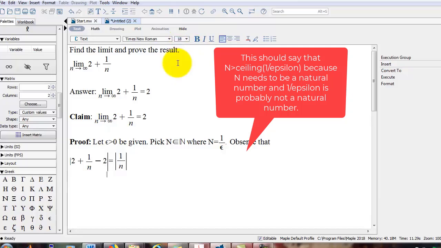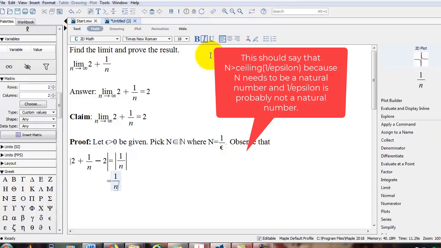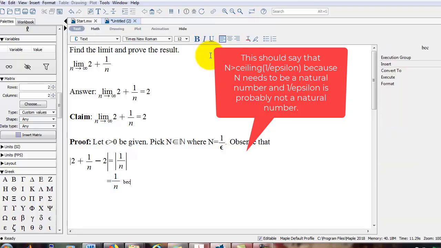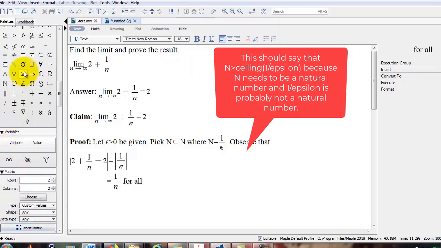And I'm going to make a note here for all little n in the set of natural numbers.